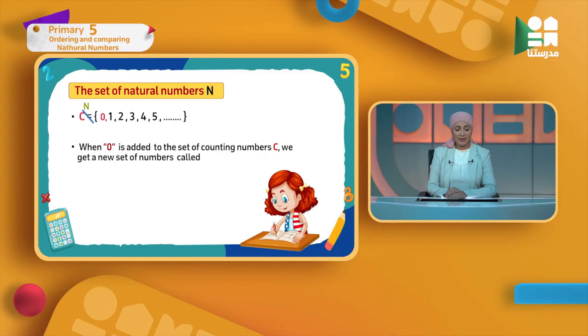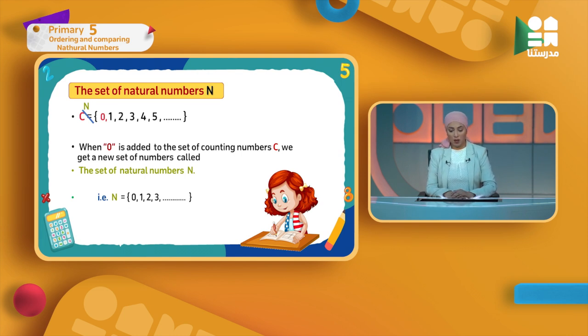So when a 0 is added to the set of counting numbers C, we get a new set of numbers, which is called the set of natural numbers, or N. I mean that N is the set of numbers 0, 1, 2, 3, and so on.